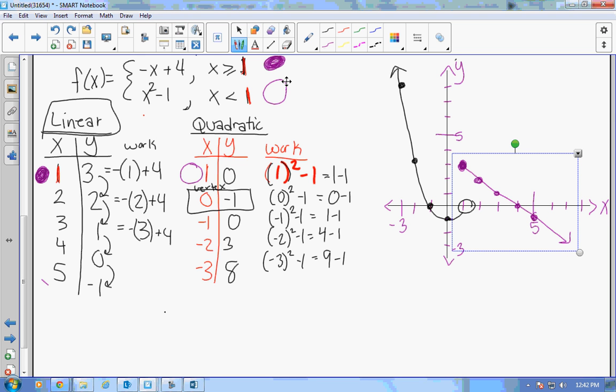Do you know why? Because we call this a function. In order to be in a functional relationship, how many people can you be dating at one time? One. You can't be dating two people. Even though y equals 0 and y equals 3 are both really pretty, you can't date both of them. Only one, or you're not in a functional relationship. That's why there can be a filled-in circle on one and an open circle. Otherwise, the vertical line test fails.